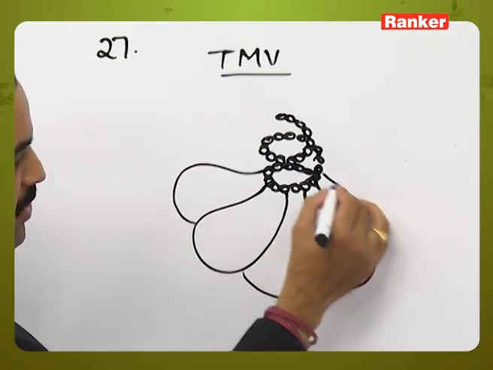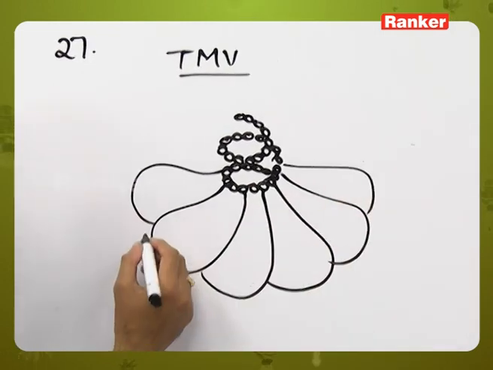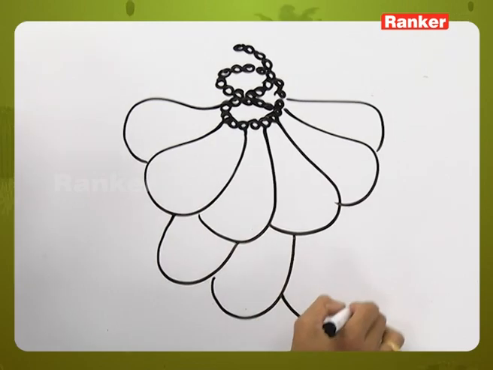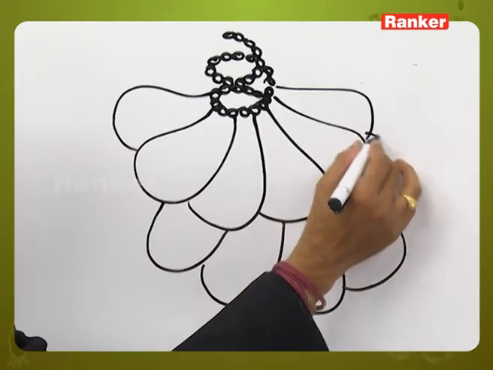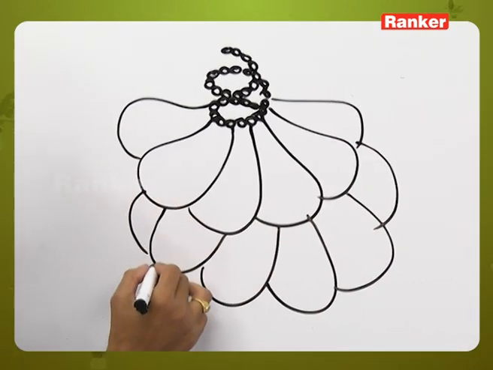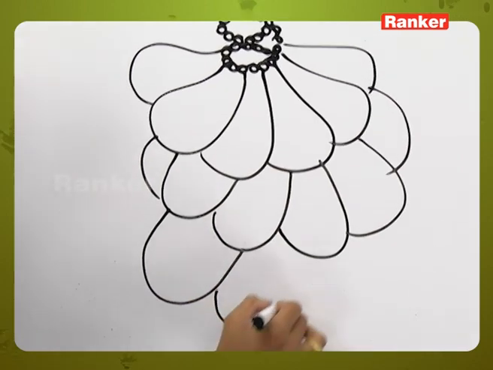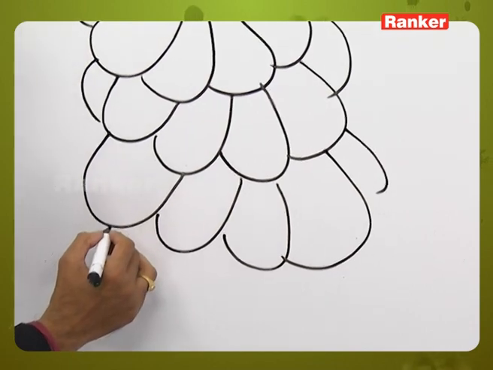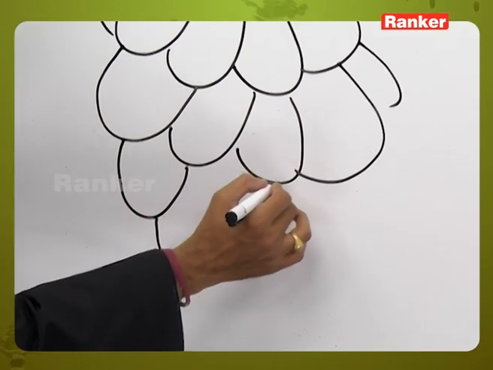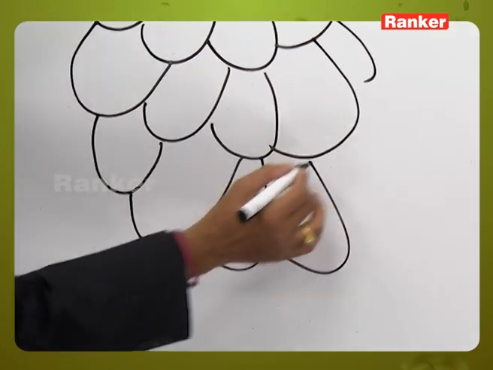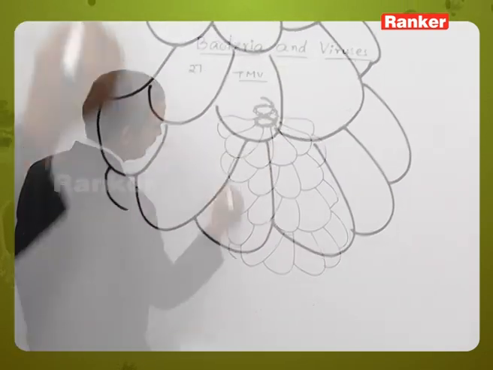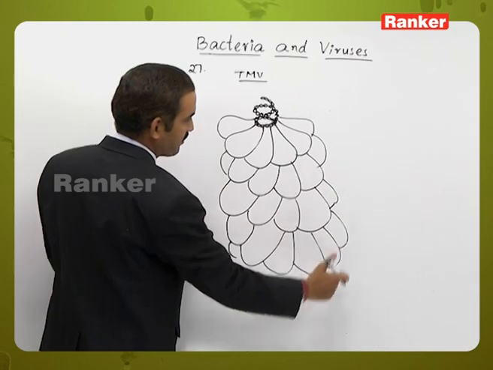These protein subunits are generally called capsomeres. This is the structure which we can see in the TMV viruses. And if you observe, it has a nearly rod-shaped structure.